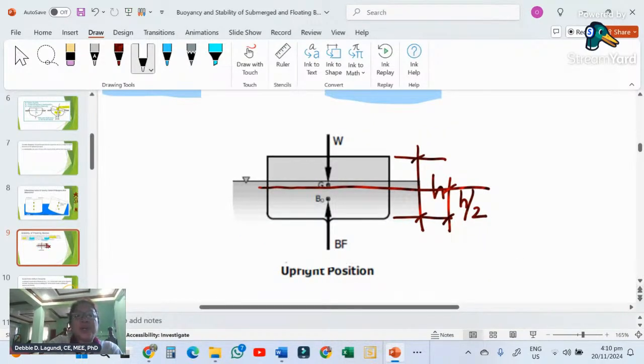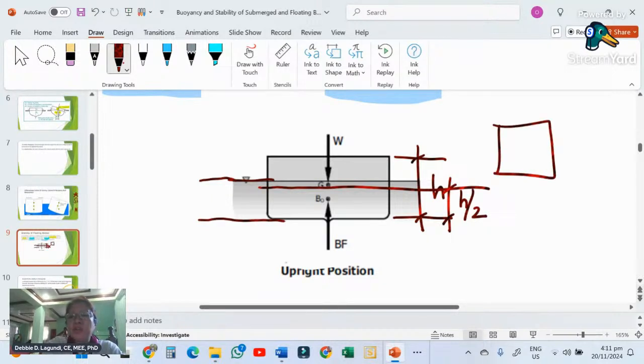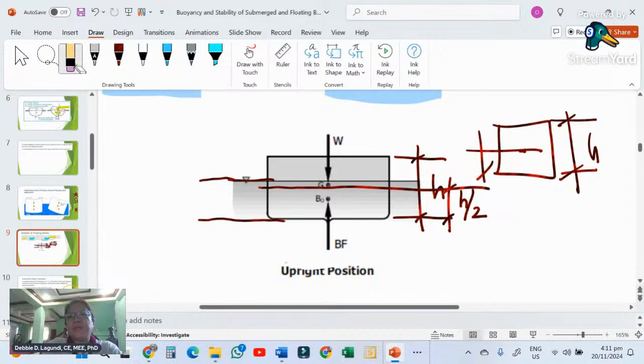For the center of buoyancy, you can get that from the submerged part of the body. Okay, I repeat, if this is the body and this is the height of the body, then the CG is just h over 2.